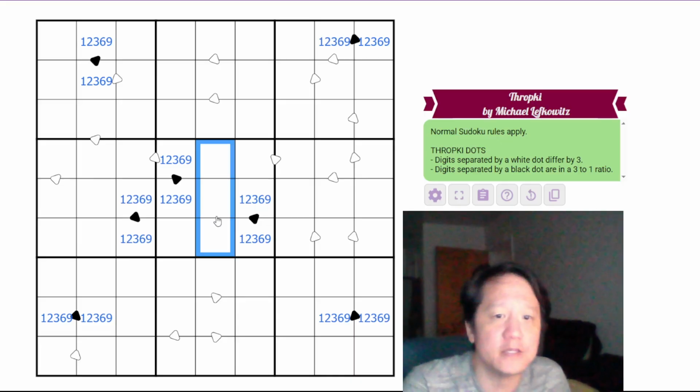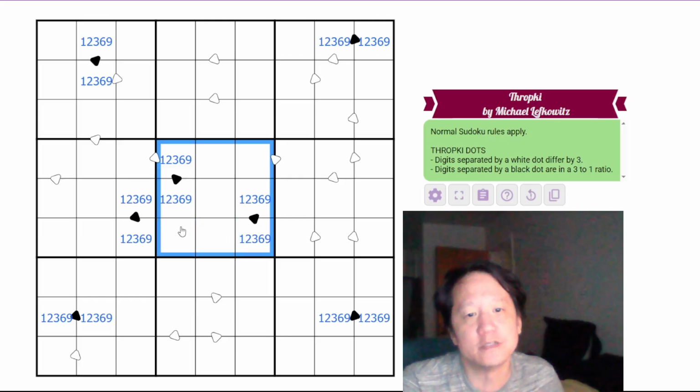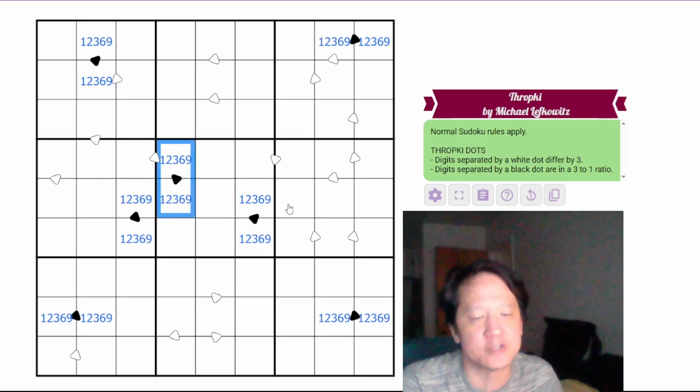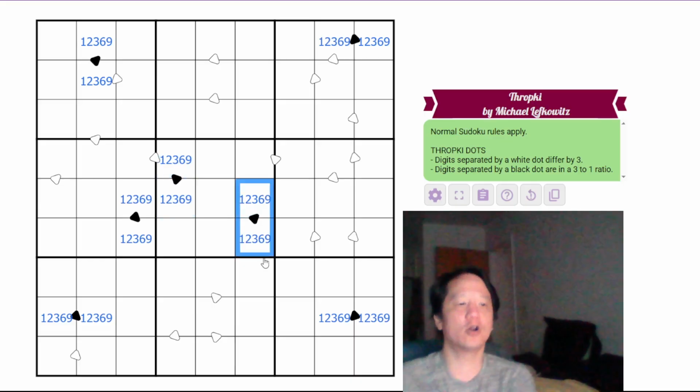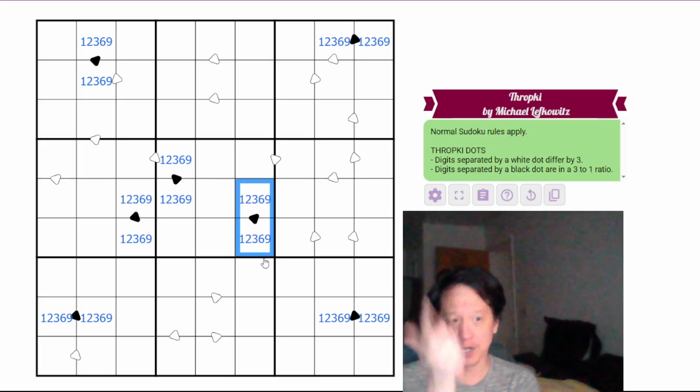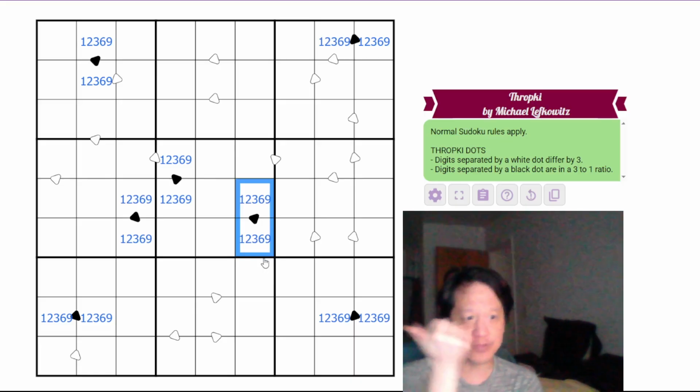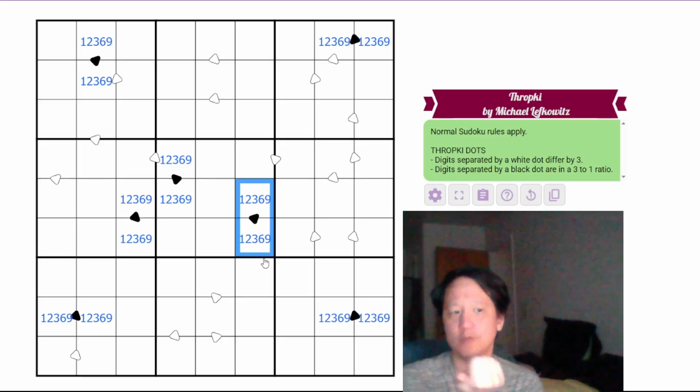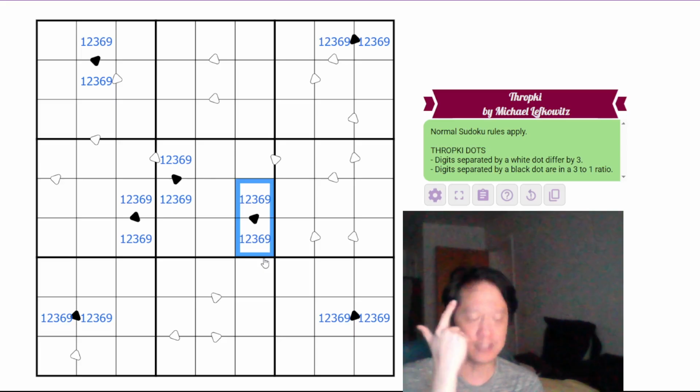Well, the thing in this central box is you have 2 sets of cells which are in a 3-to-1 ratio. That means one of them has to be 3 with either 1 or 9, but because we have a 3 guaranteed in one of them, the other one cannot contain a 3, which means the other set has to be 2 and 6.